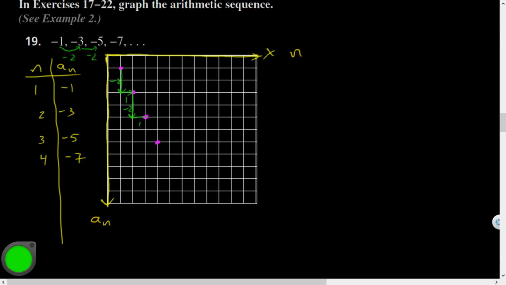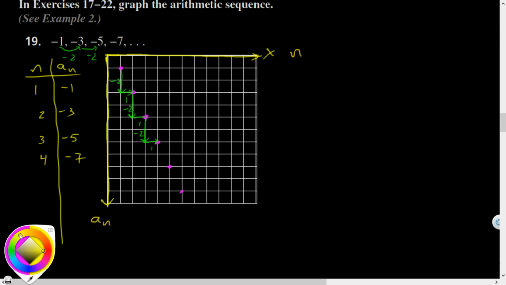So you can think about the common difference as being your slope. We just aren't going to connect the dots. So if I wanted to find further terms in my list, which does imply that this is an infinite list, down 2 over 1 and down 2 over 1, you could actually find more points from your list.